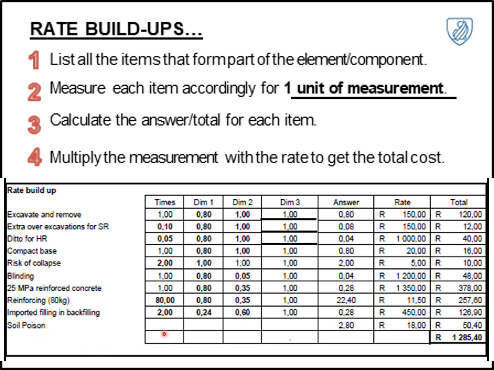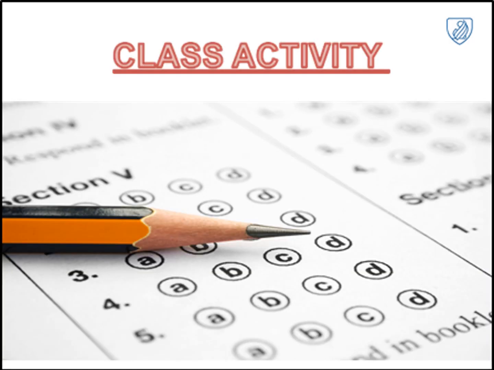Just note that the soil poisoning, the calculation wasn't included here, but it's basically just the area of the soil poisoning, and it's supposed to show to the bottom and the side. So it's just something that was omitted here. So just make sure that you know how to calculate that. Very simple. Then you just add all of that up to get to your specific rate.